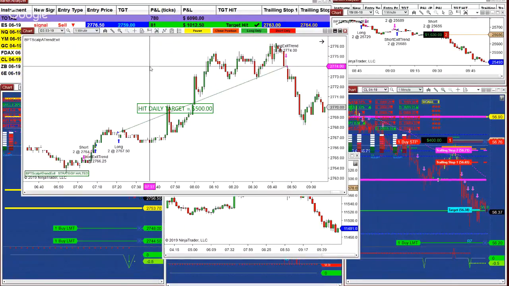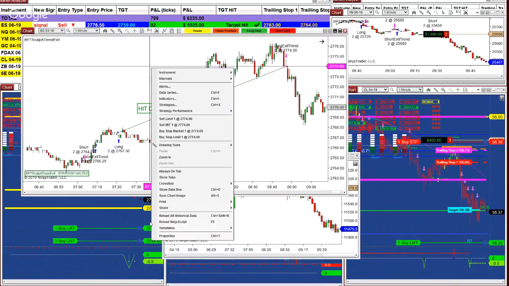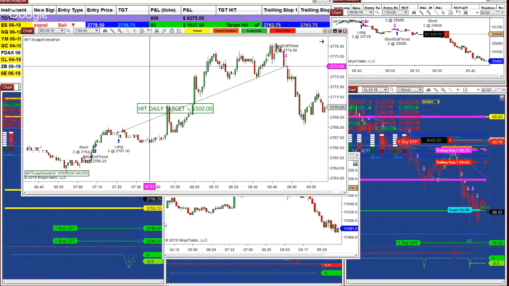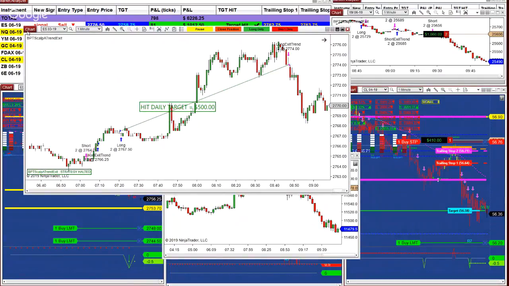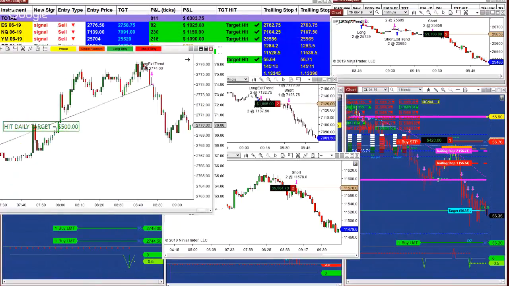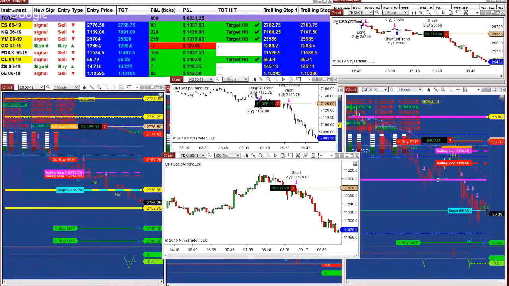So in order for me to rerun it again, all I have to do is reload the chart, and you can reactivate the auto trade and let it go for another run one more time. So this is really easy to do, and that's why the ES chart is closed now, because it already hit the daily target.